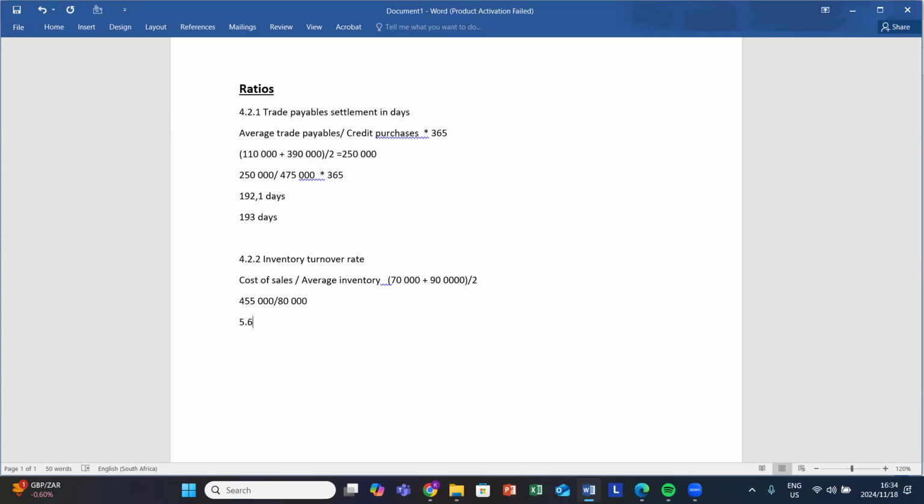You'll get 5,6875, which you can round off to 2 decimal places as 5,69. So remember, your answer should have the word times. That will be your answer for inventory turnover rate. So the rate at which we sell our trading stock is 5,69 times.